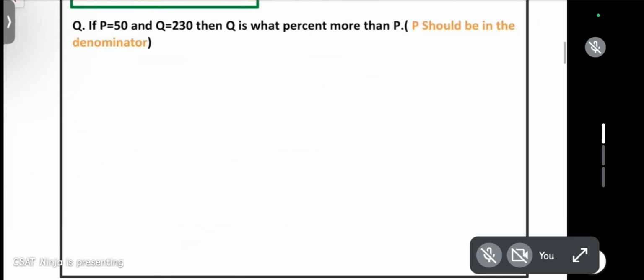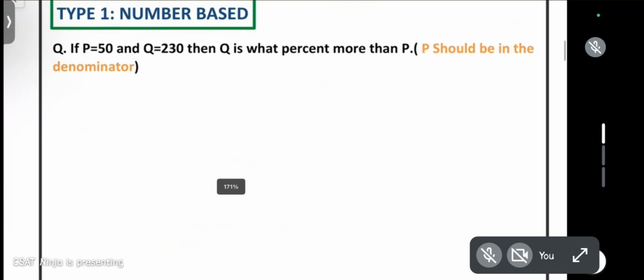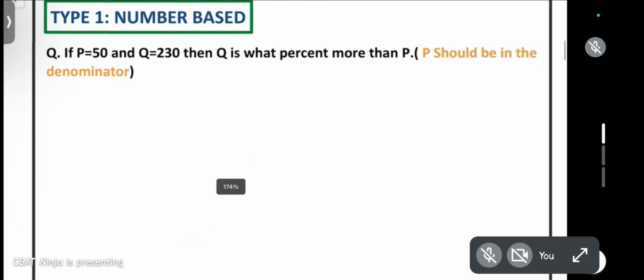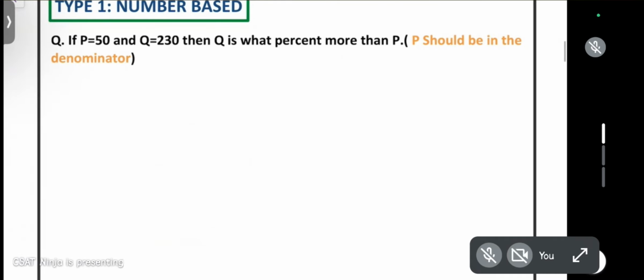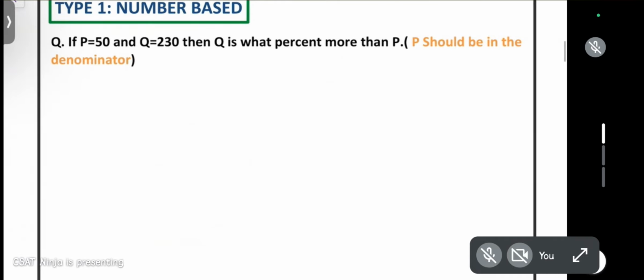Let's start with the questions. With that in mind, we'll start with type number 1, which is number based. In number based, what we do is this. If P is 50 and Q is 230, then Q is what percent more than P?